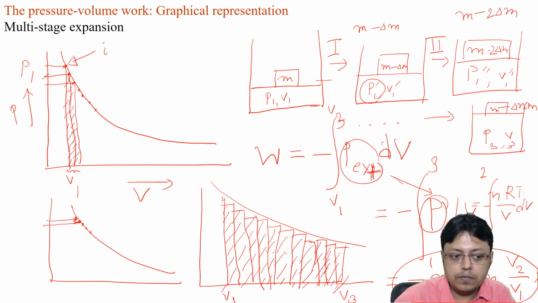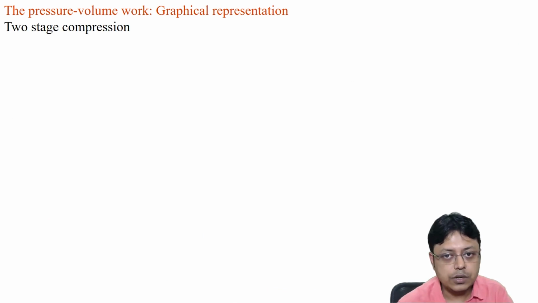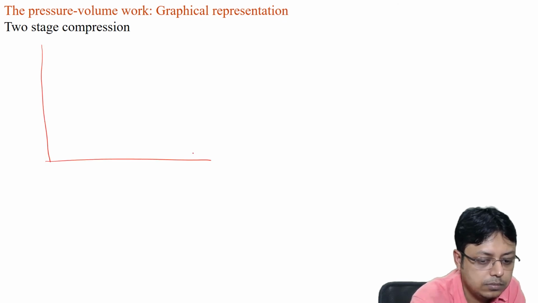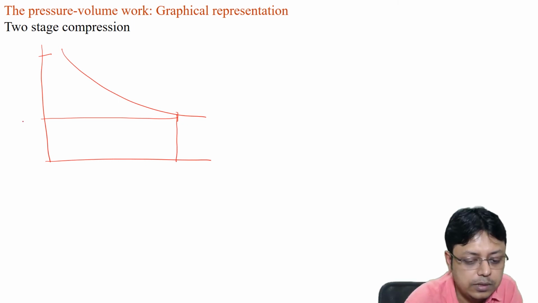Similarly, you can think of two-stage compression first and multi-stage compression first, where we have to spend less and less work as we increase the number of steps. Remember that in the single stage, we had an initial pressure, say in this case P3 and volume V3.